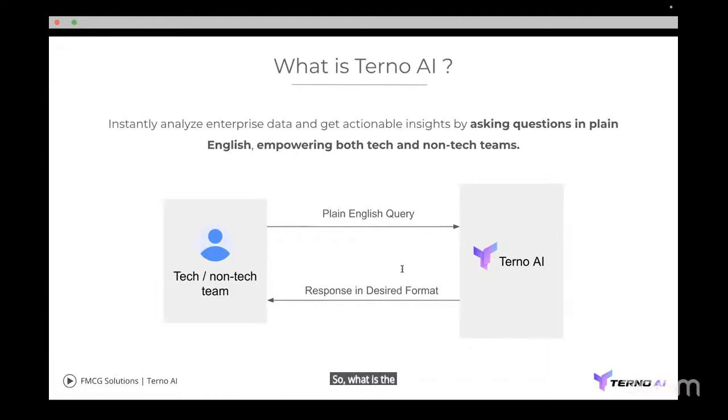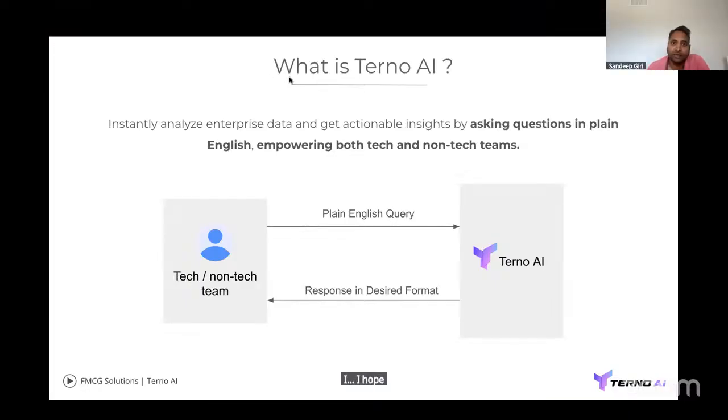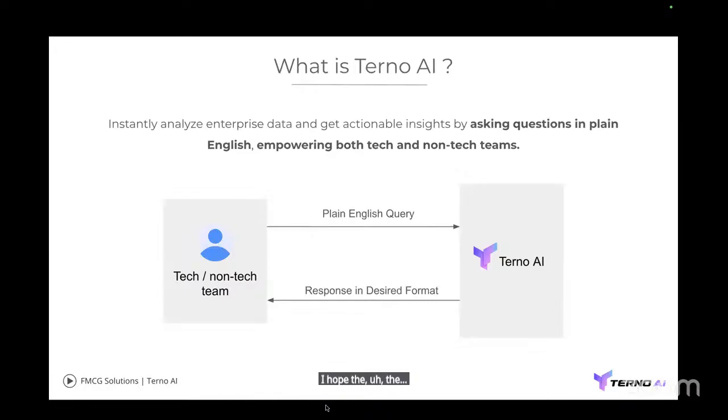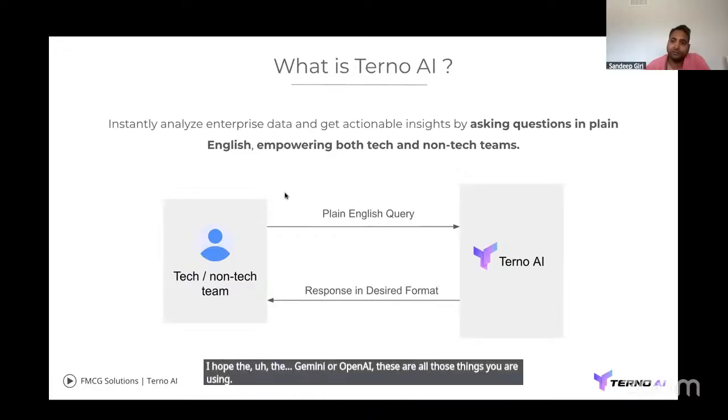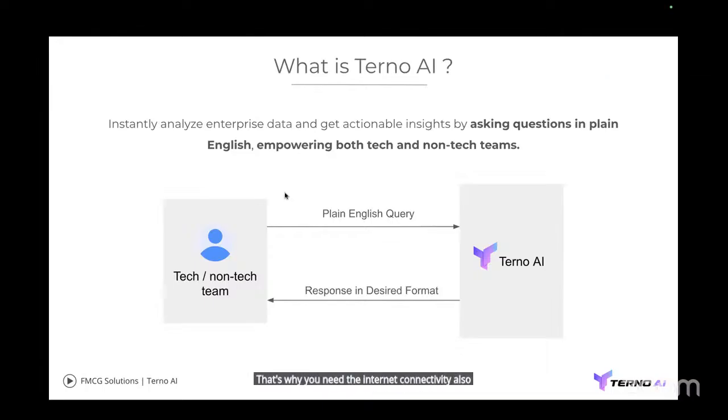What is the difference? I think in Terno also you are using some LLM model, Gemini or OpenAI, all those things. That's why you need internet connectivity also. That's right. So what is the difference?